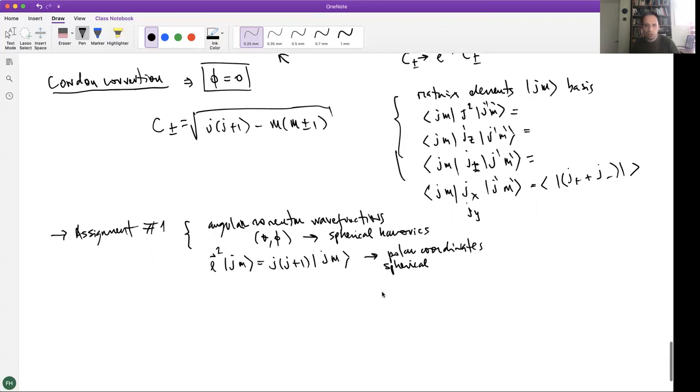And you will see that this results in a differential equation that's well known in applied mathematics.